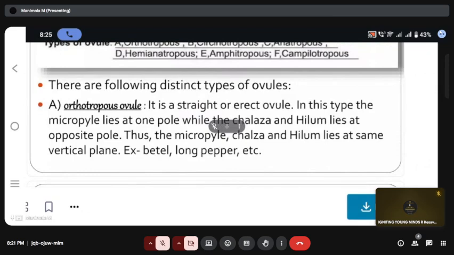It is straight. Chalaza and hilum are at the opposite pole, and the three in the same vertical plane is called arthrotrophus ovule.